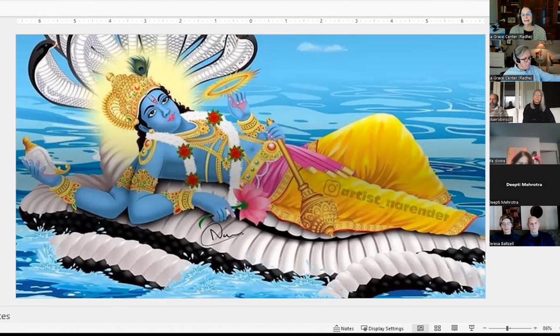We normally see Lakshmi at his feet, which also is symbolic. And Vladimir the other day mentioned also that Brahma is taking birth from a lotus stem coming out of Vishnu's navel, another typical way that creation is pictured. So all these are symbols.